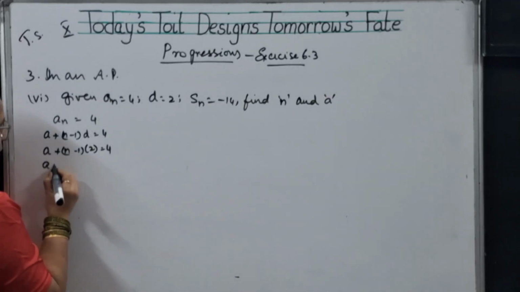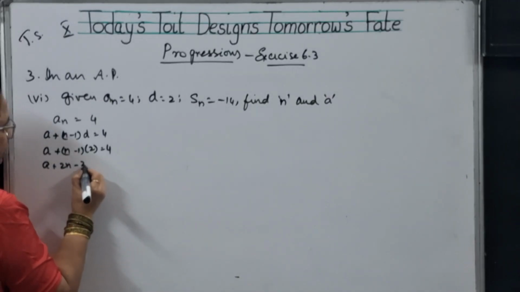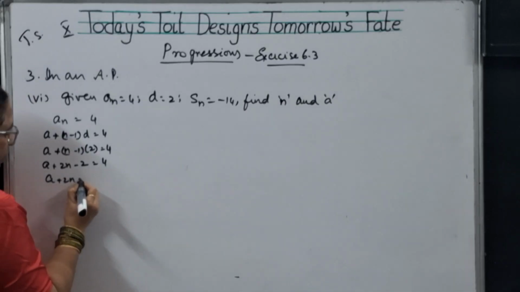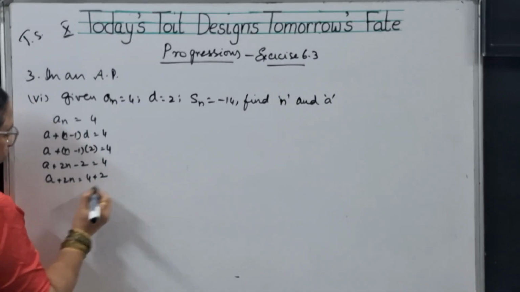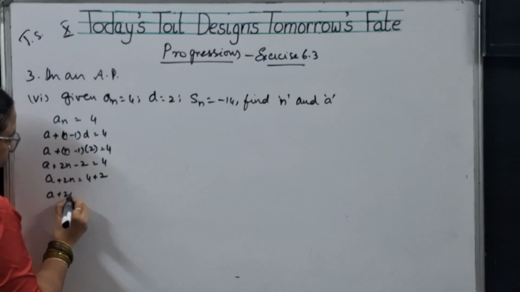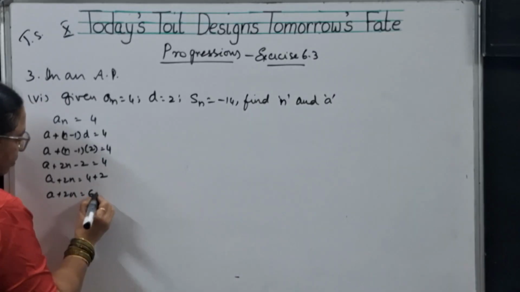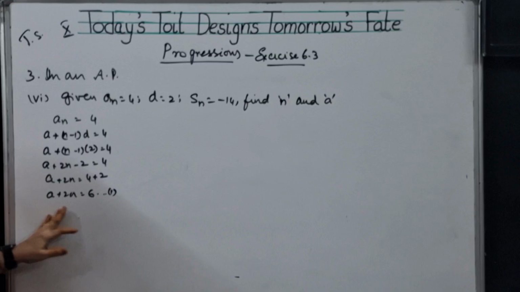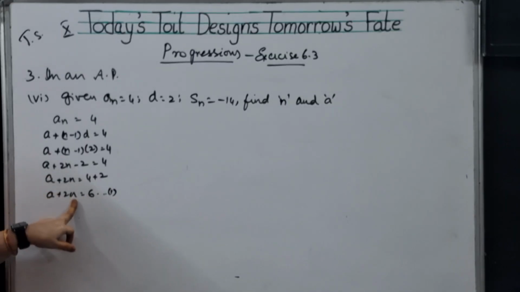That means a plus 2n minus 2 is equal to 4. a plus 2n is equal to 4 plus 2. a plus 2n is equal to 6. You consider this as equation 1 because you cannot go further because you don't have any other value. You need to find out n as well as a. So we cannot proceed with it.